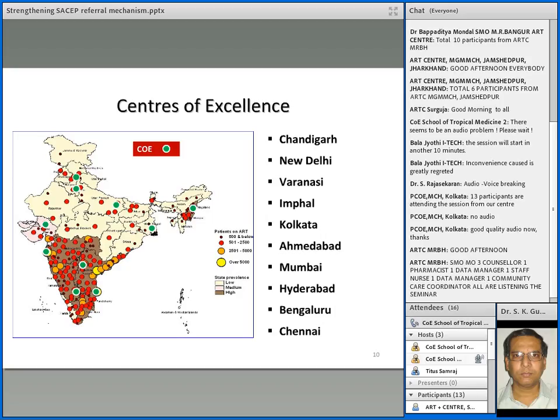Now coming to the issue of Center of Excellence, all of you are aware, there are 10 Centers of Excellence starting from PGI Chandigarh, and then MAMC, Maulana Azad Medical College in New Delhi, BHU in Varanasi, RIMS in Imphal, School of Tropical Medicine in Kolkata, BJ Medical College in Ahmedabad, JJ Hospital in Mumbai, the Gandhi Hospital in Hyderabad, the one in Bangalore, and Tambaram in Chennai.